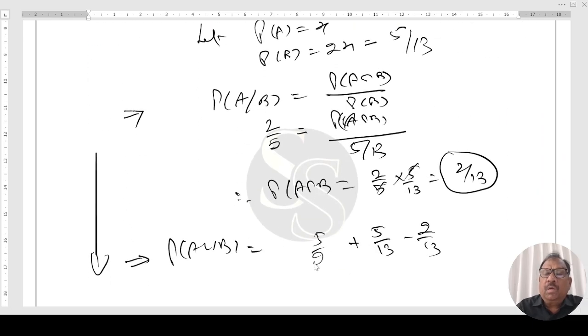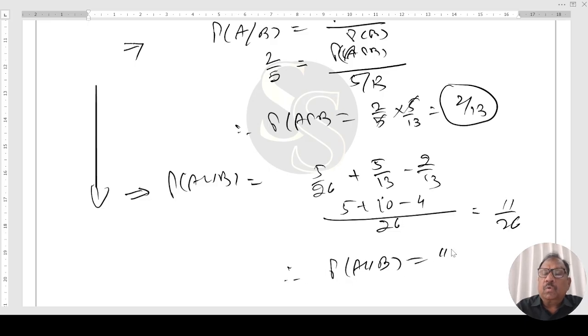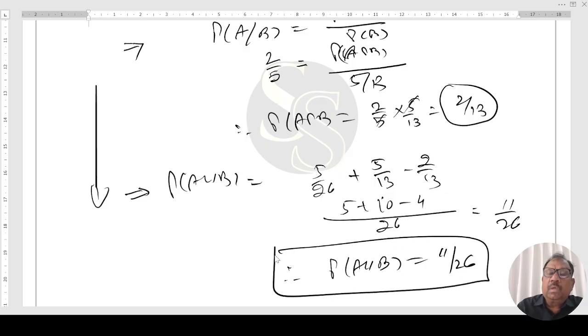Taking LCM 26, 10 plus 5 minus 4, that is 11 by 26. Therefore, P(A union B) comes out to be 11 by 26. This is the answer, from equation 1.